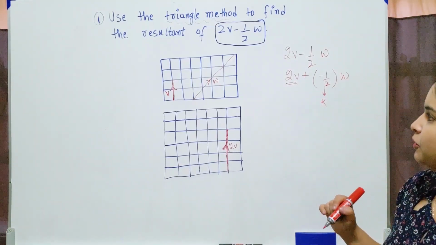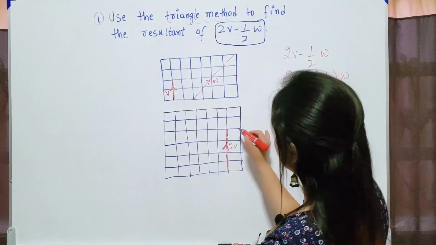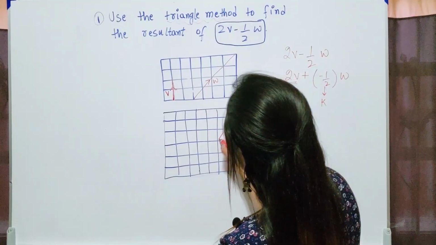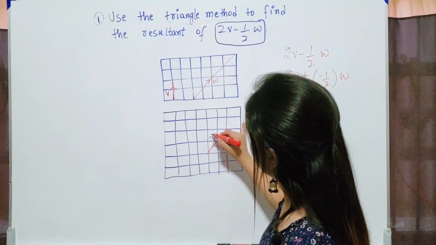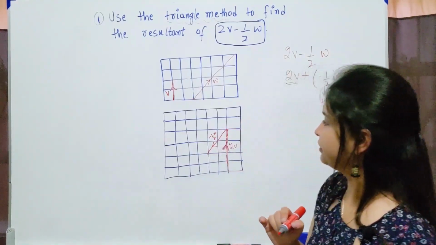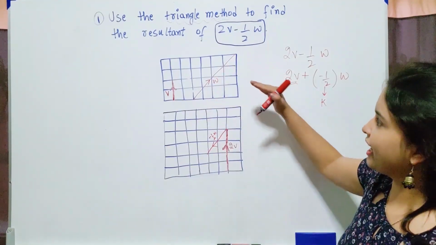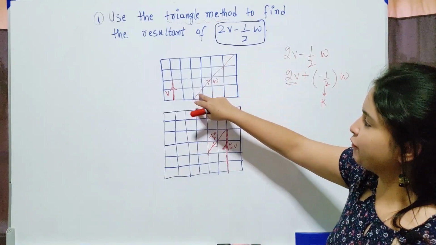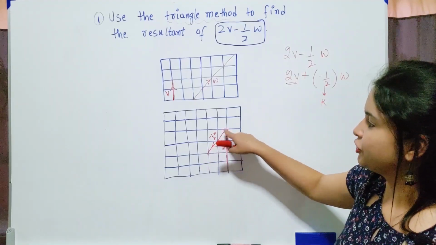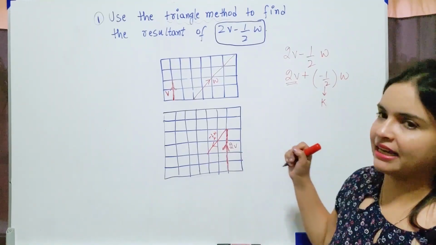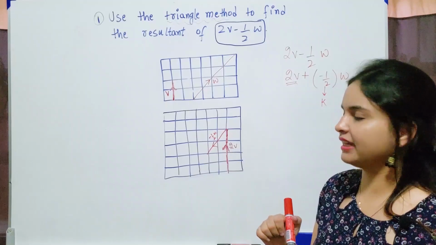Minus half of W. So, if this is my W, this is my minus half of W. Now, my W is going in the upward direction. So, I have to find half. That means if it takes 1, 2, 3, 4 boxes in the graph, my half will be only 2 boxes. And I have negative sign. So, if W is going in the upward direction, minus will be in the downward direction.